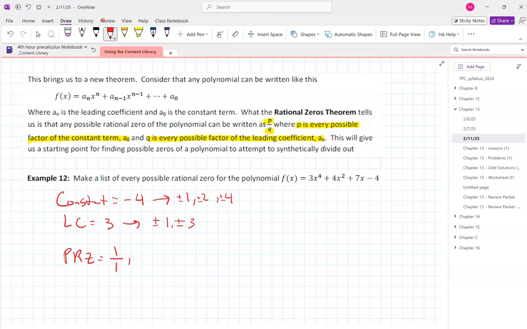So I'd have 1 over 1, negative 1 over 1, 2 over 1, negative 2 over 1, 4 over 1, negative 4 over 1, 1 over 3, negative 1 over 3, 2 over 3, negative 2 over 3, 4 over 3, and negative 4 over 3. So I'd have been left with 12 possibilities that I would have to check, which is a lot better than infinitely many.